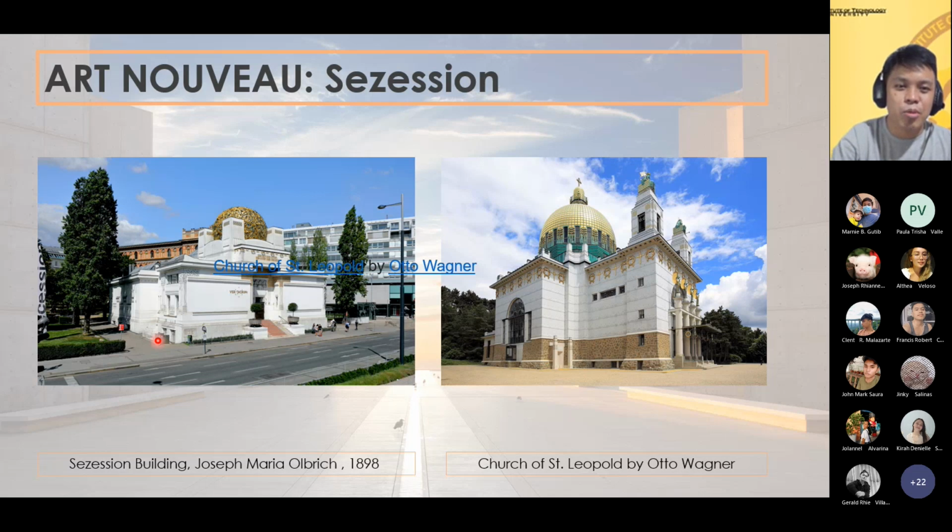In Secession, so these are the designs. Sorry, I copy-pasted the same one. We have this called the Secession building in Vienna, Austria.